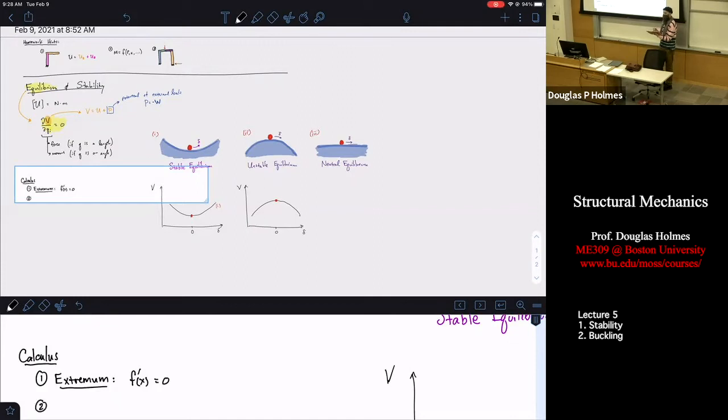So the second step is, if I want to know if I have a minimum or maximum, then I check the second derivative of my function.